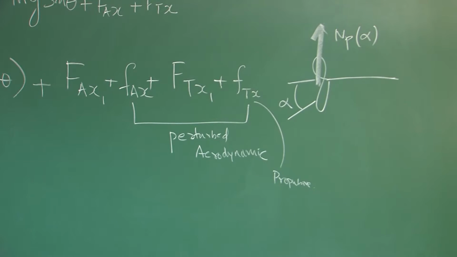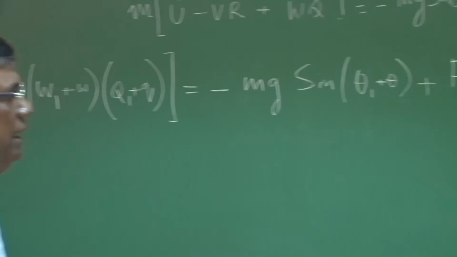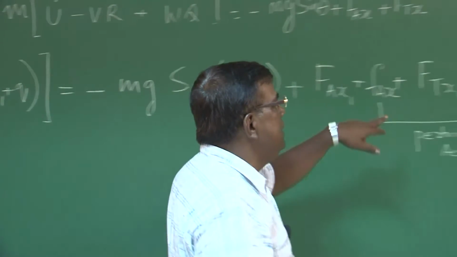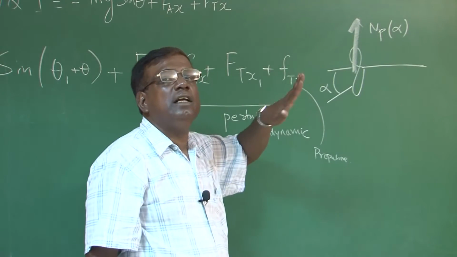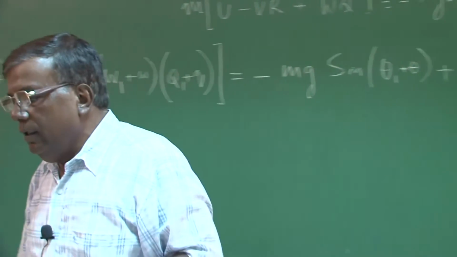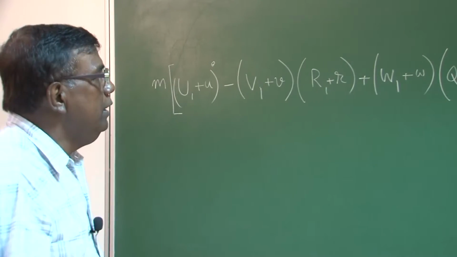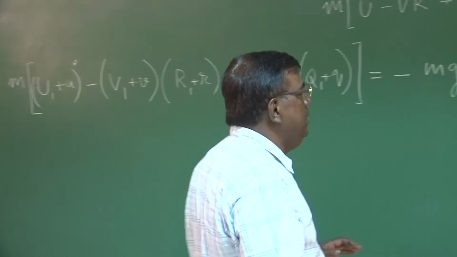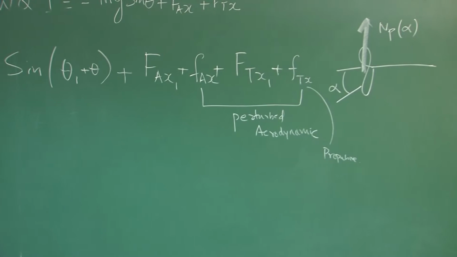Okay, these are in addition to whatever it was experiencing at steady state. Whatever it was experiencing at steady state is F_tx1. And this is because of perturbation, because of change in alpha, change in theta, all those things we will look into. Maybe change in the speed also. Right? We need to understand what is the physical meaning of this. After this, it is just a mechanical thing.